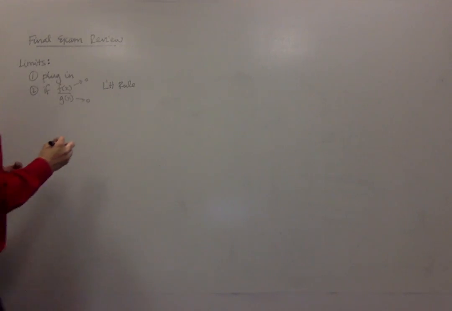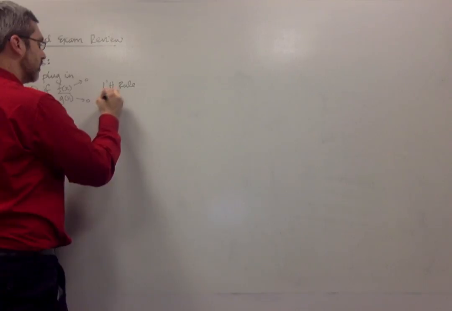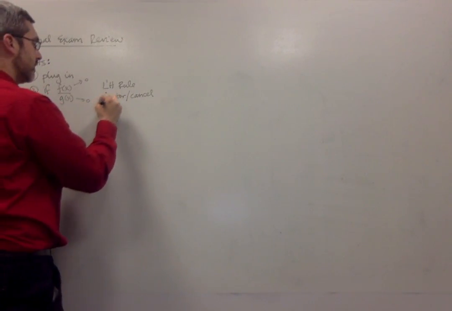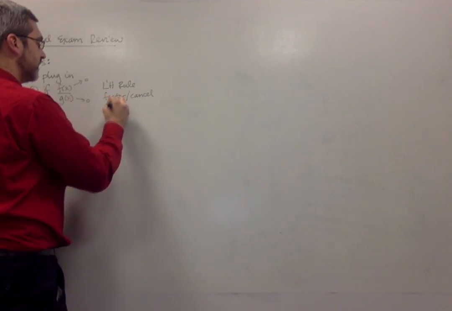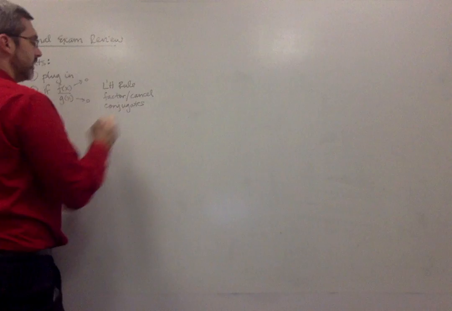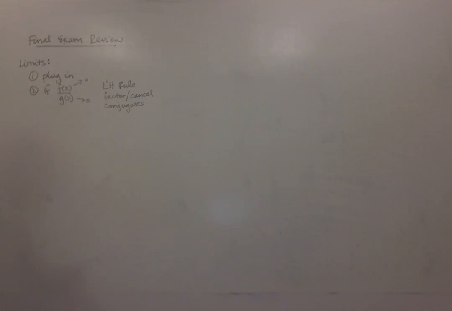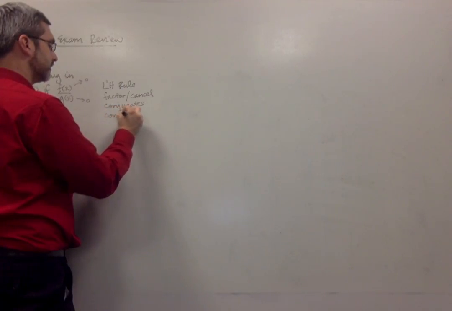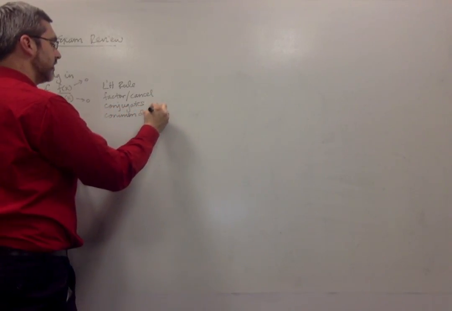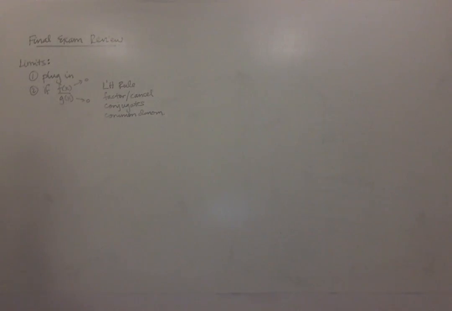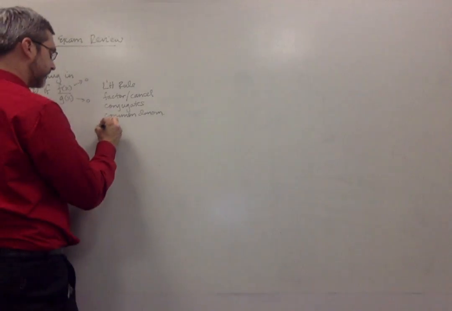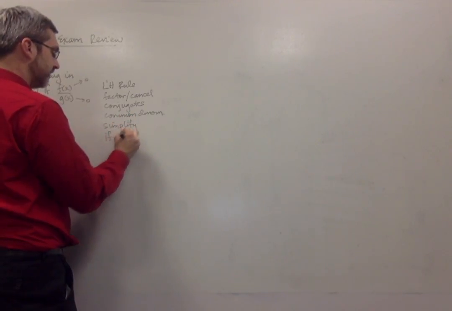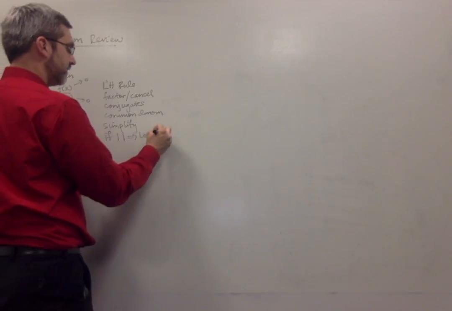But the other things that we had before, just to remind you if you wanted to try to use those instead, were: factor and cancel; use conjugates if you have a square root sitting there; get a common denominator if you have fractions in fractions; simplify; and if you see absolute value, then you look at both sides.